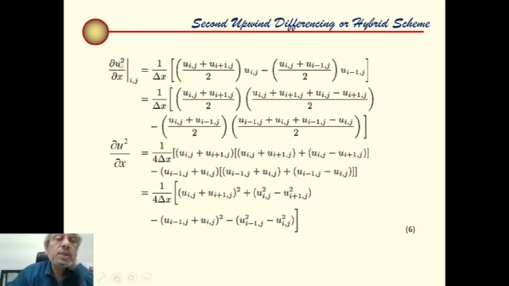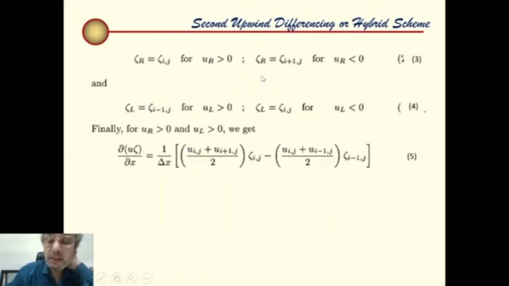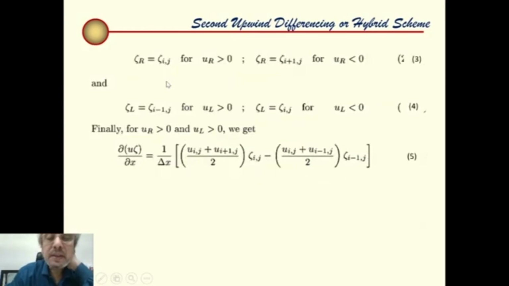Now del x of conservative form, if we write u square. We have written here the expression involving u and zeta, but if zeta becomes velocity itself, then we can write del x of u square at ij. So 1 by delta x, that we have written here in equation 5.